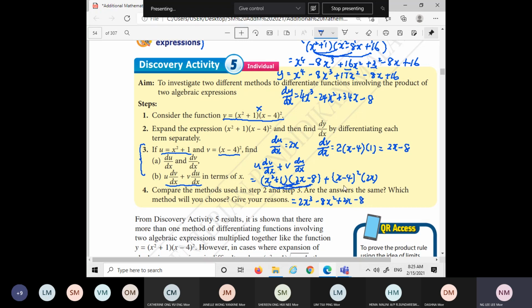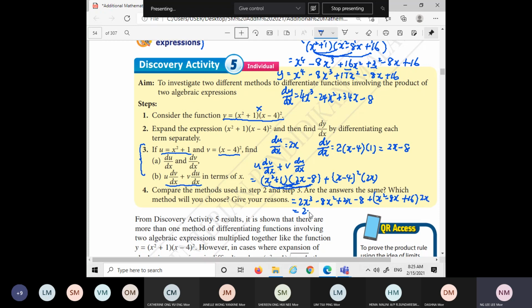Then this one. Before you join with the 2x, you expand this first. The one with the square, 2 brackets. So x squared, shortcut, plus 16. Negative 4 times x, negative 4x times 2, negative 8x. Then only times with the 2x.